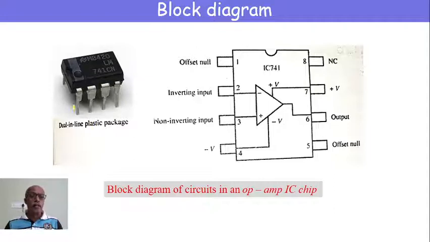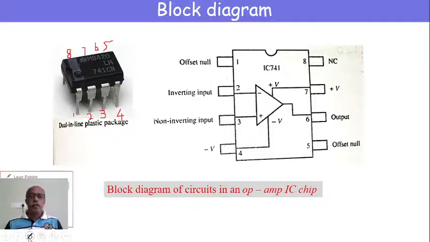It consists of 8 pins, 4 pins on one side and 4 pins on the opposite side, and it is numbered like this. This pin represents 1, this is 2, this is 3, 4. On the other side it continues 5, 6, 7, and the last one is 8.